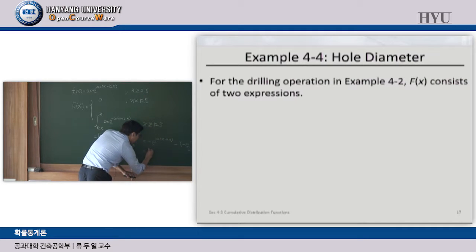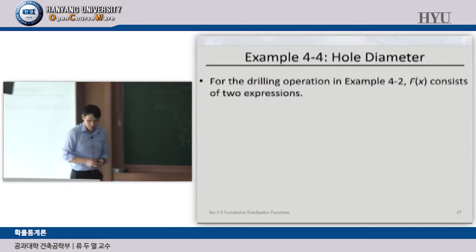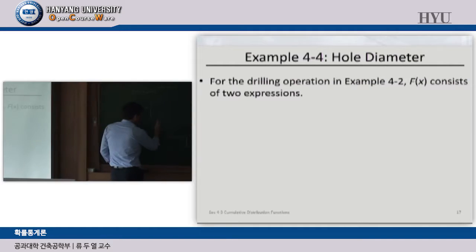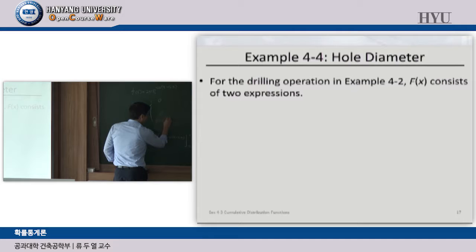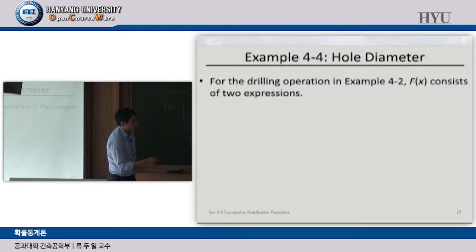So this can be 1 minus e to the minus 20 (x minus 12.5). So finally, this can be changed to 1 minus e to the minus 20 (x minus 12.5). Okay? So this is the cumulative distribution function for example 4-2.